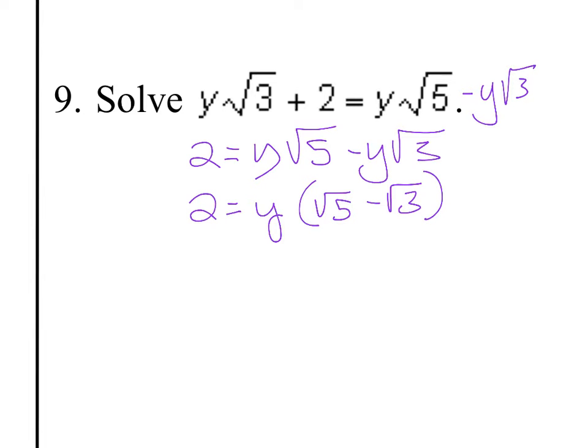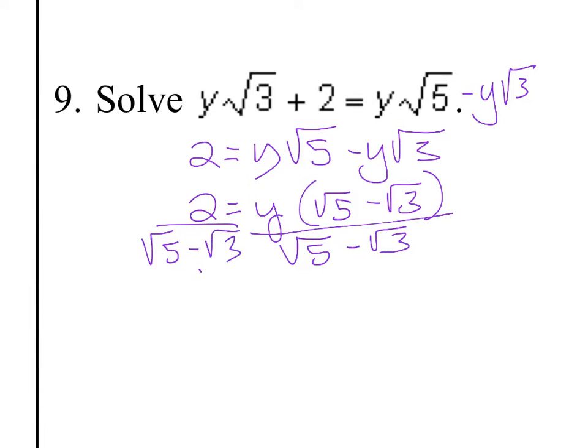Anytime I have something multiplying my variable, I can strip it off by dividing. So I'm going to divide this side by root 5 minus root 3.